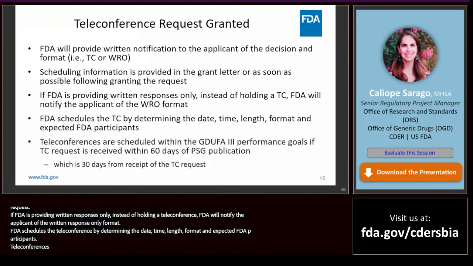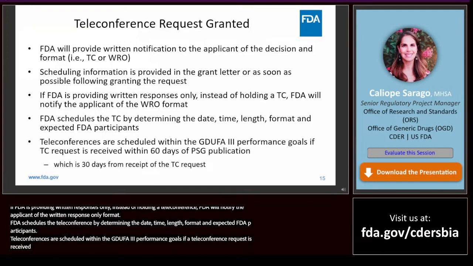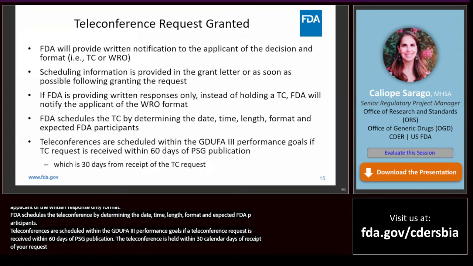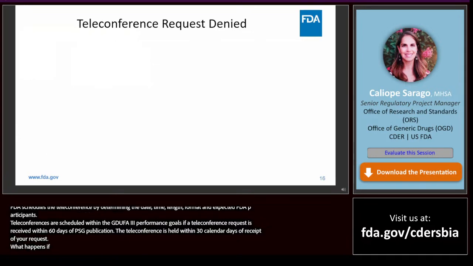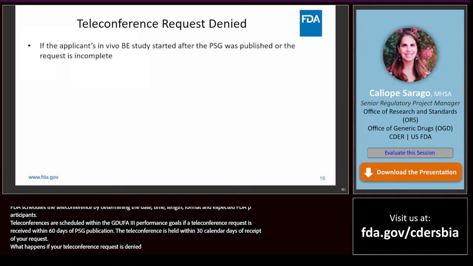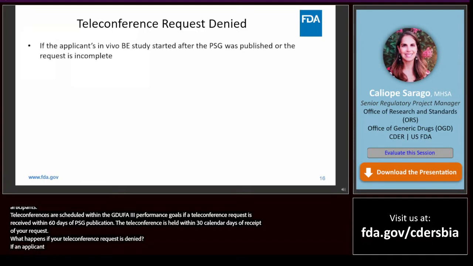Teleconferences are scheduled within the GDUFA III performance goals if a teleconference request is received within 60 days of PSG publication. The teleconference is held within 30 calendar days of receipt of your request. What happens if your teleconference request is denied? If an applicant has not met criteria outlined in the guidance and commitment letter, the PSG teleconference request may be denied.